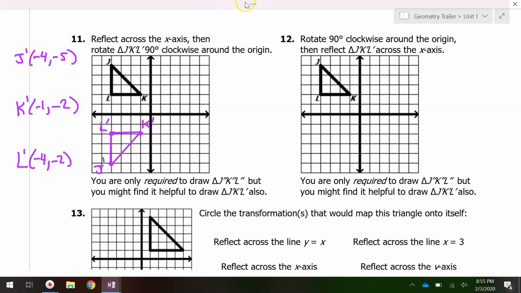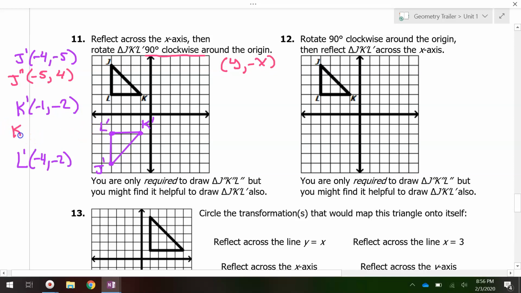All right, so now it's time to do the 90-degree clockwise rotation. We know the rule for that is y, opposite of x. So J double prime is going to be y, opposite of x. So y is -5, and then the opposite of x is +4.